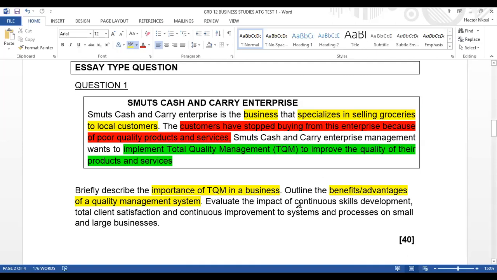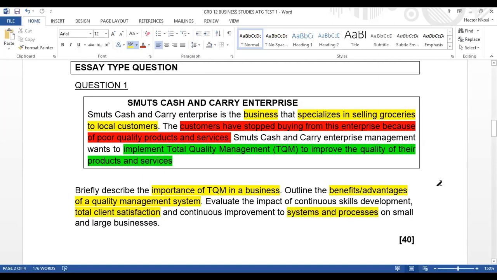So you must evaluate what? You must evaluate three things, right? The first one, you must do the continuous skills on total client satisfaction, total improvement on systems and processes, right?